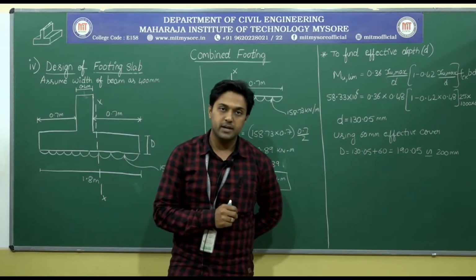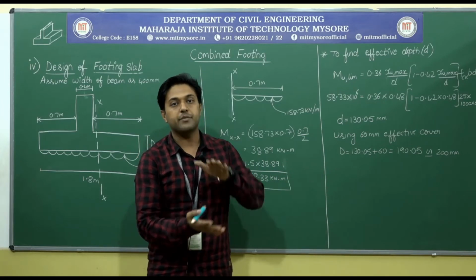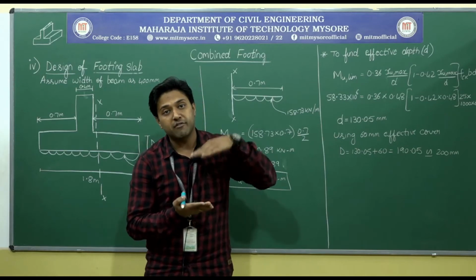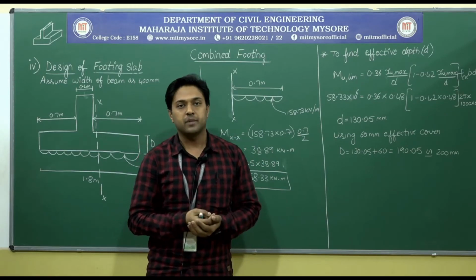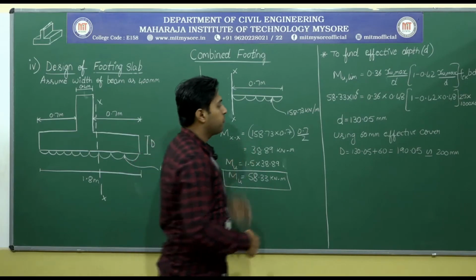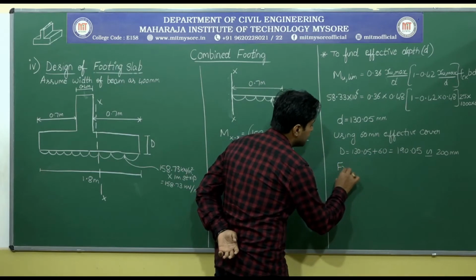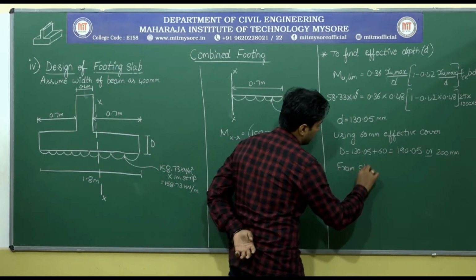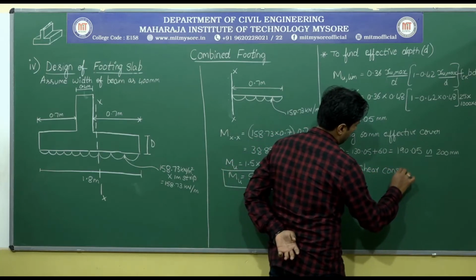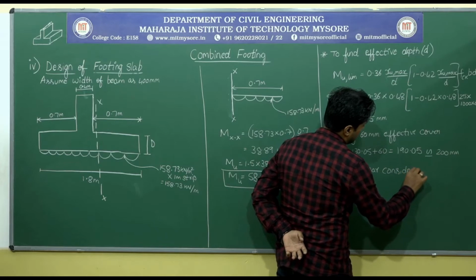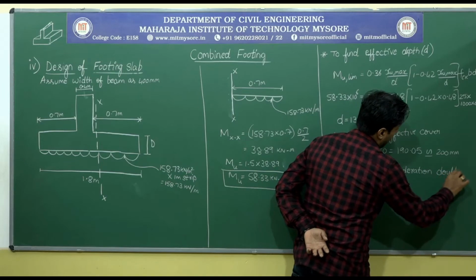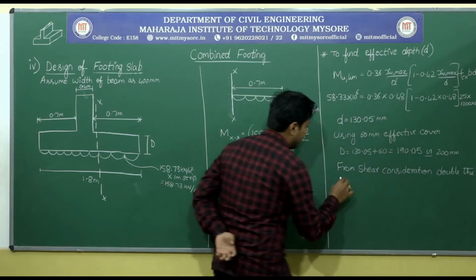Now the important thing is it's a footing. Okay, it is resting on the soil. So there will be a huge rubbing action when load is getting transferred from the footing to the soil. Okay, huge rubbing action. Rubbing action is nothing but the shear. So therefore, from shear consideration, please remember this is a very important point, double the depth.